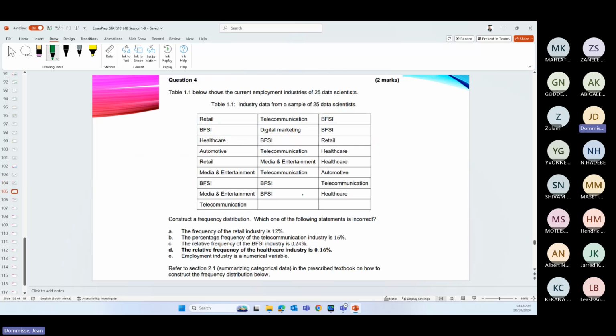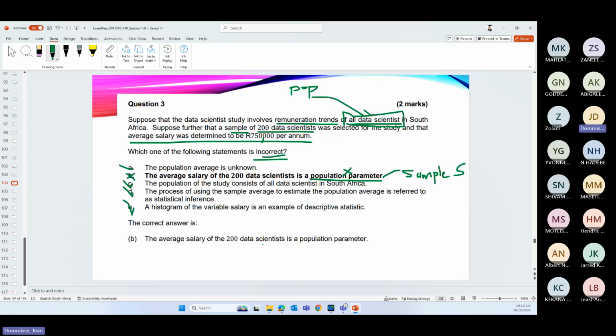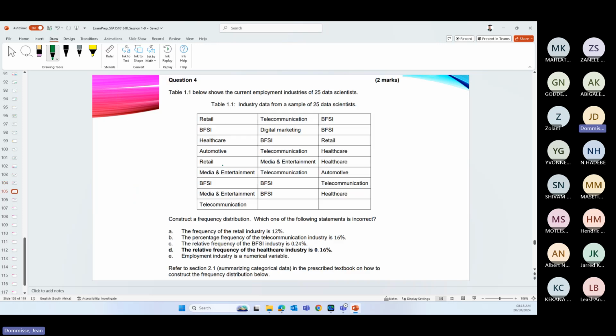Okay, then question 4 in this first assignment was looking at a smaller sample. So instead of the 2,200, we go a bit smaller and we get 25 data scientists and the industries that they are working in.